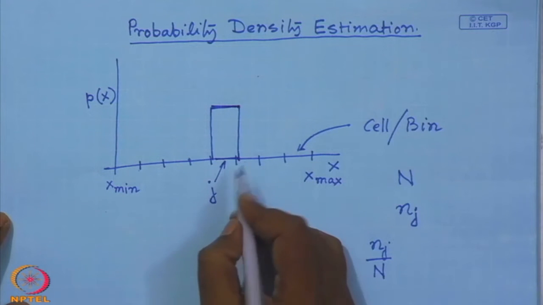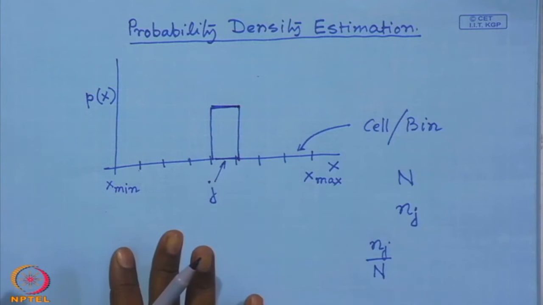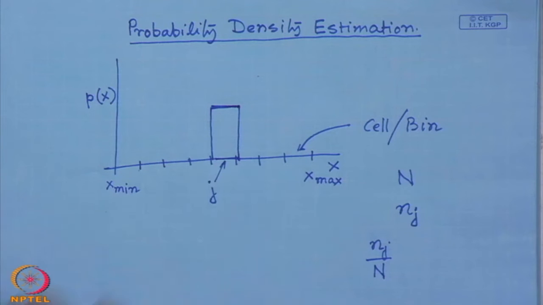And I also have another constraint that if this probability density function that I am estimating has to approximate a continuous probability density function, then the area under the probability density function has to be equal to 1.